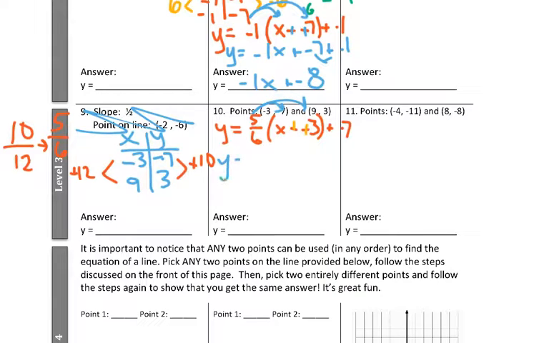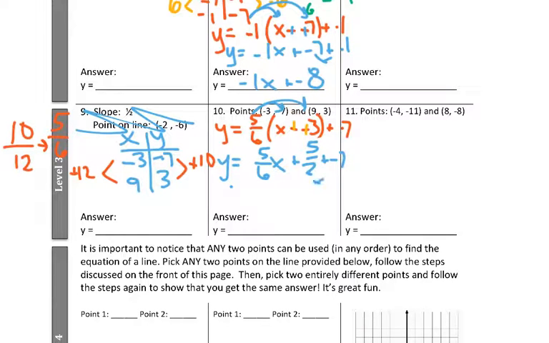So then y equals 5/6 x plus, I think that's 15/6, which actually, if you do that in your calculator, I'm doing this in my head, is going to simplify to be 5 halves, plus negative 7.